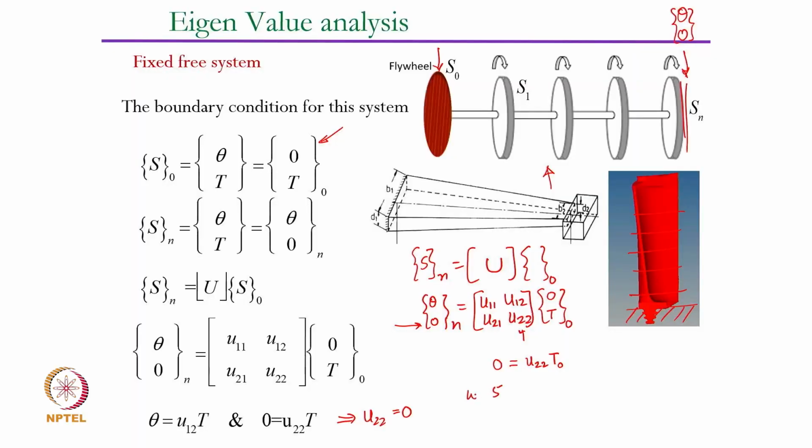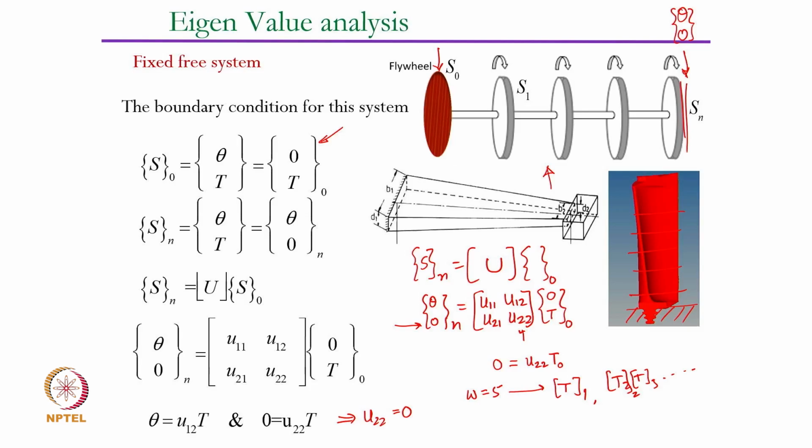What will happen if I use 5 as a first estimate of omega? Using this, I find out what T1 is, because once I know omega, all these transfer matrices are known. All these transfer matrices are known because I know K and M or I for all the stations.